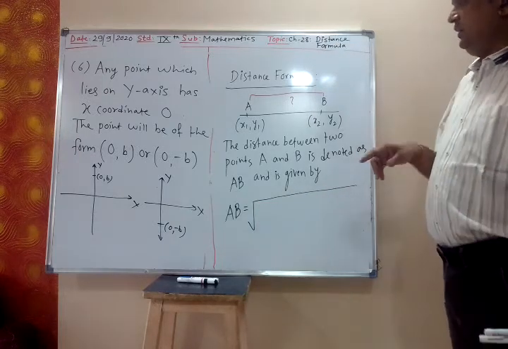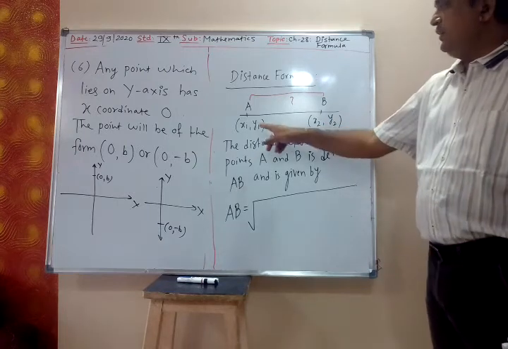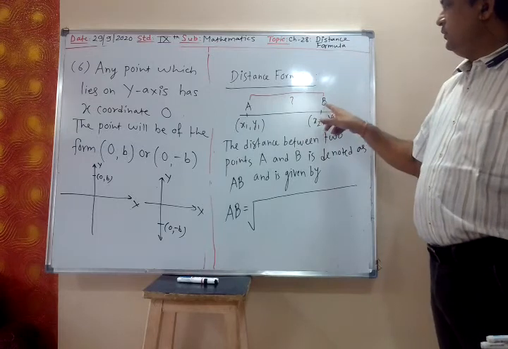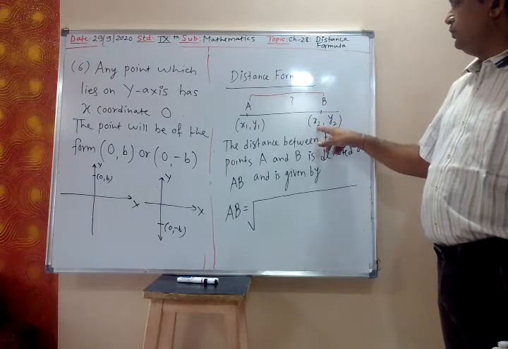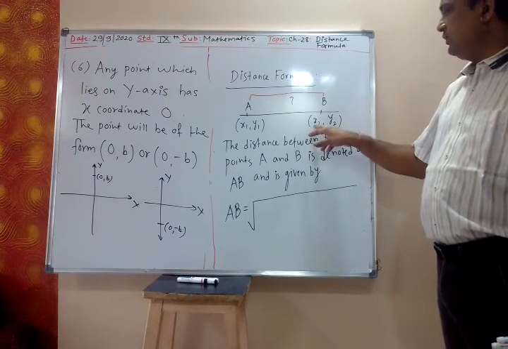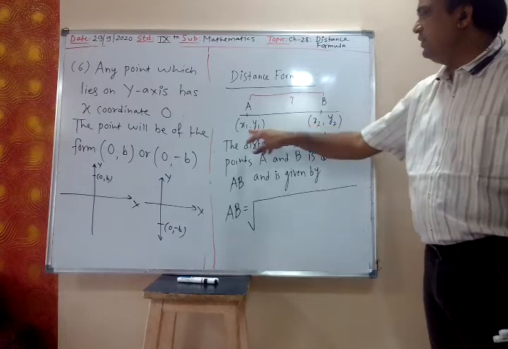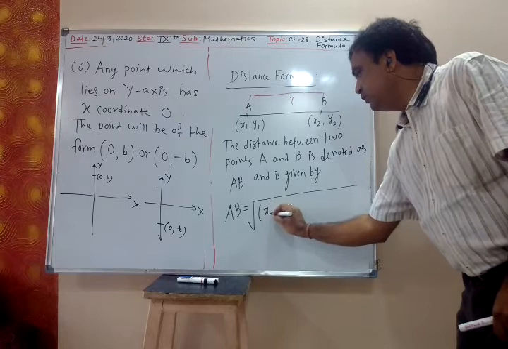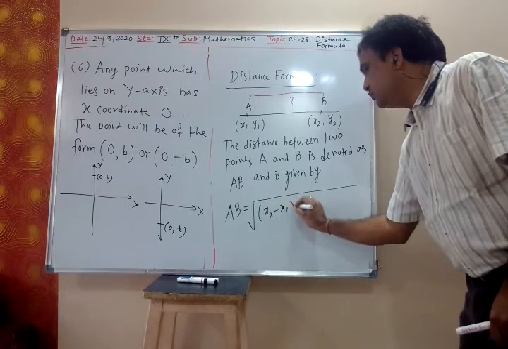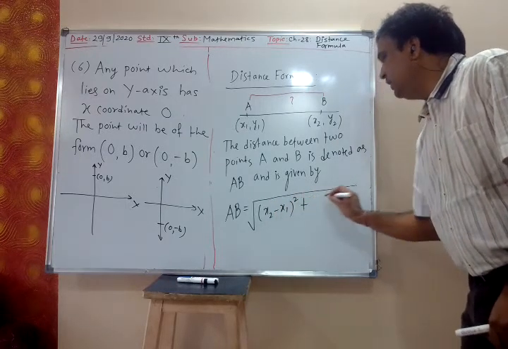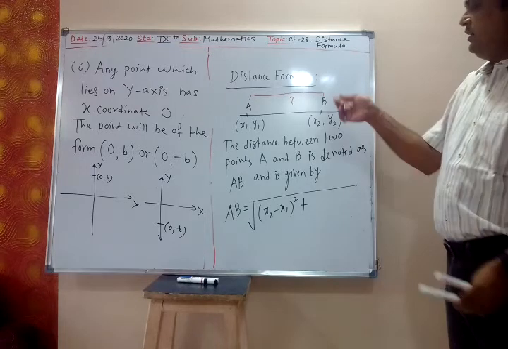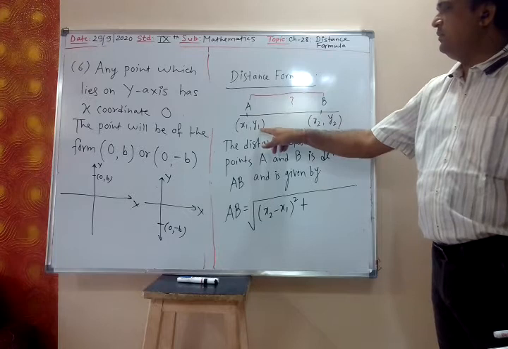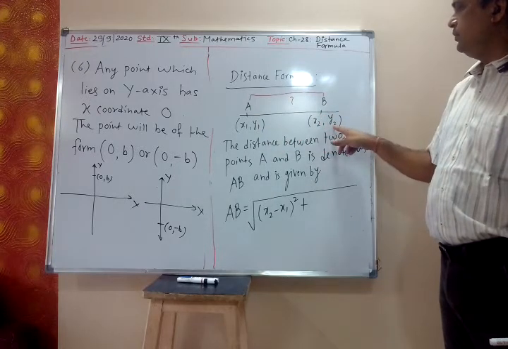Now let us take the first coordinate of both the points. What is the first coordinate of A? x1. What is the first coordinate of B? x2. So I will take x2 minus x1 whole square, plus, now I will take the second coordinate of both the points. The second coordinate of A is y1, the second coordinate of B is y2.